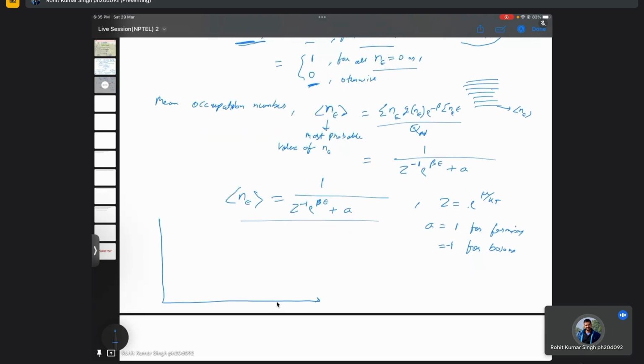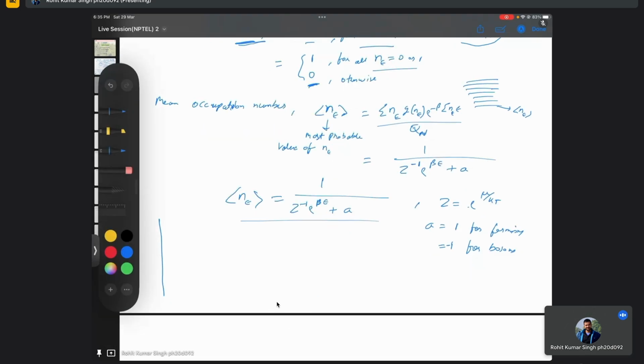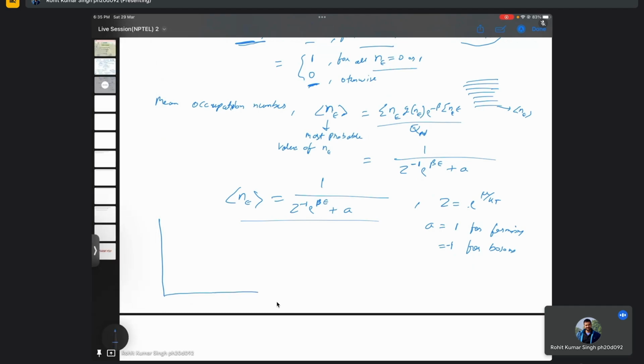On the y-axis we take this mean occupation number, and on the x-axis, if you explicitly write the expression of fugacity, we'll get e to the power (E minus mu) over kT plus A, right?